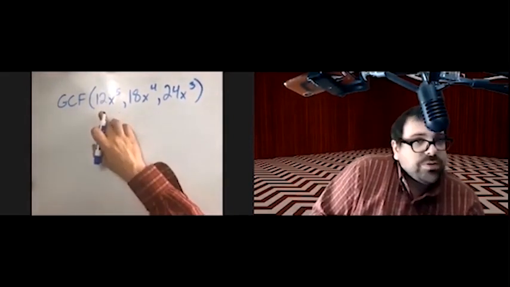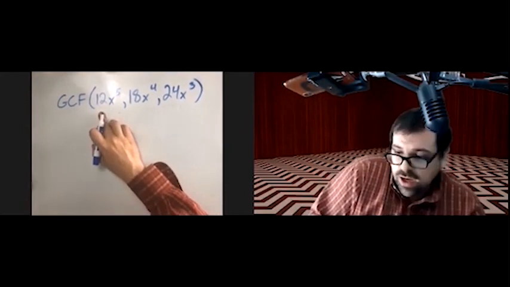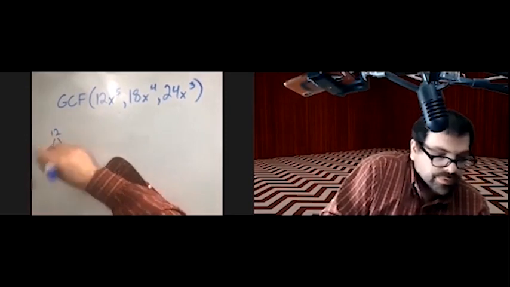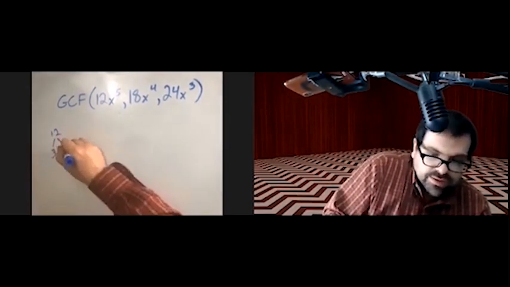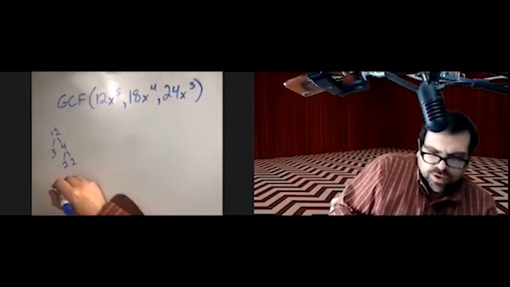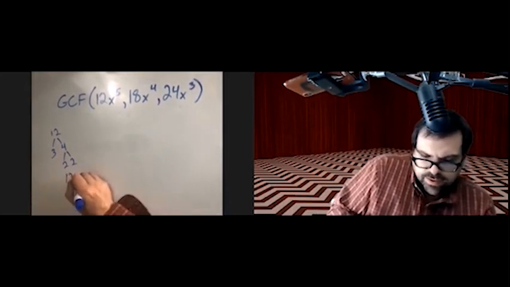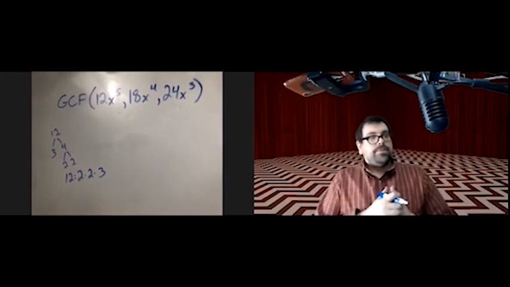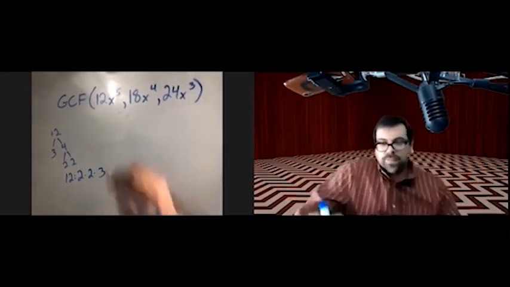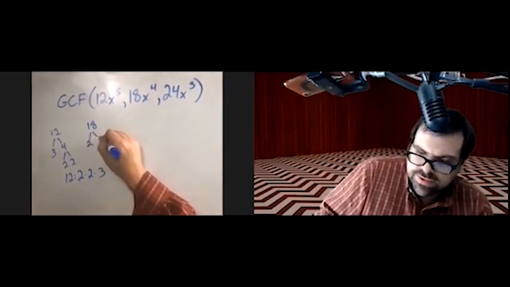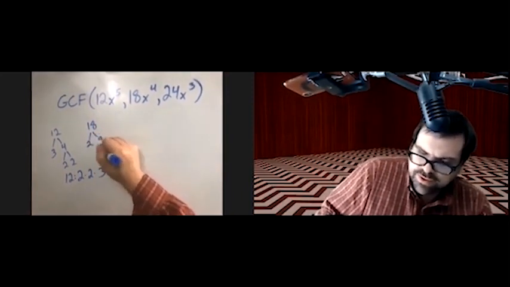If we did a factor tree for the prime factorization of 12, 12 is 3 times 4. 4 is 2 times 2. 12 would be 2 times 2 times 3. 18 is 2 times 9. 9 is 3 times 3.